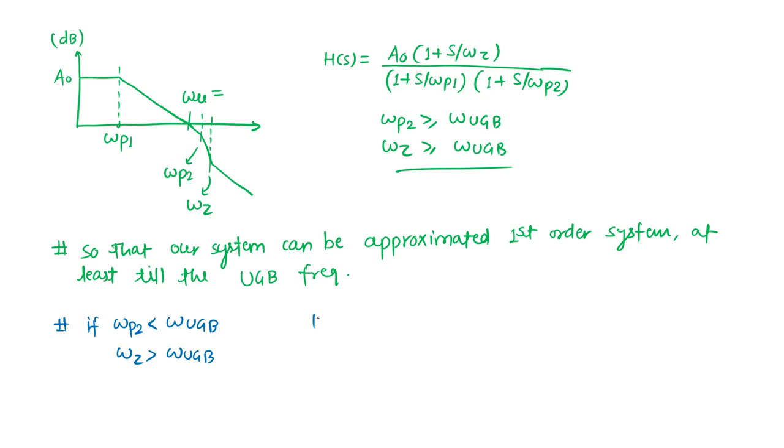And second, we'll plot the Bode plot for both conditions: omega p2 is also less than omega UGB, and omega z is also less than omega UGB. So these are two things. First, I'll see if my omega p2 is less than omega UGB, then what will happen actually? We'll see. This is my omega, so this is the decision. After that, this is pole 1.